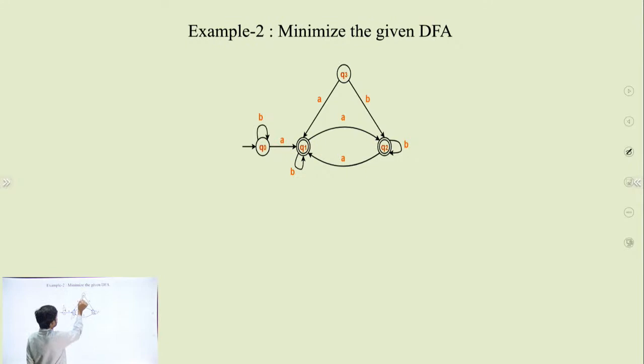Now, is Q3 accessible or not? From Q node there is no path towards Q3, so Q3 is an inaccessible state. So we eliminate this state. Now consider these 3 states only and form the transition table.